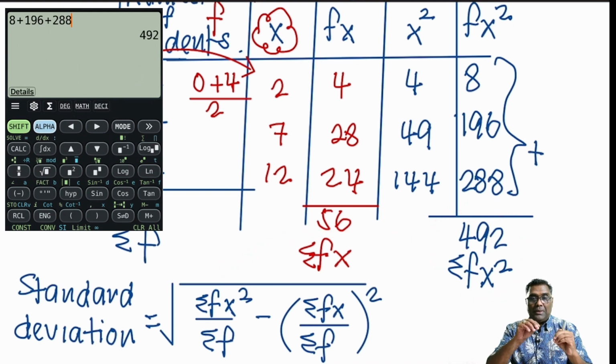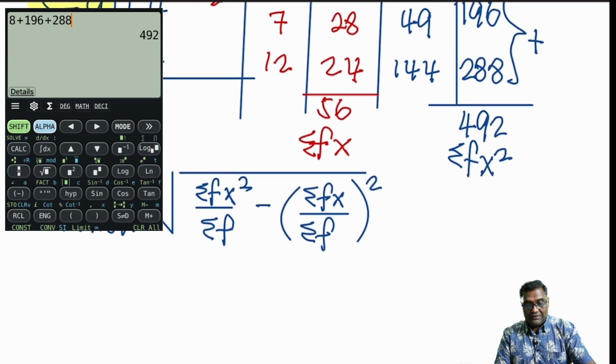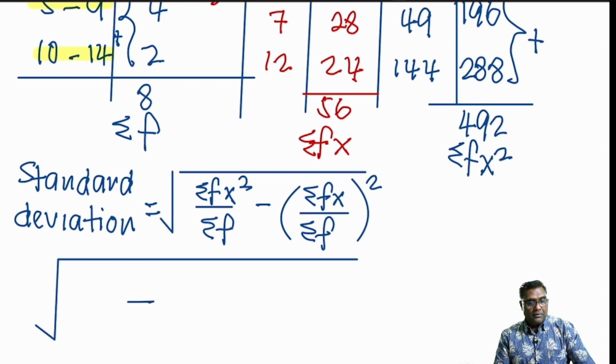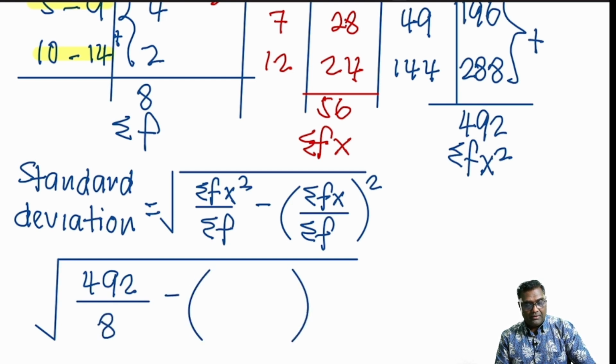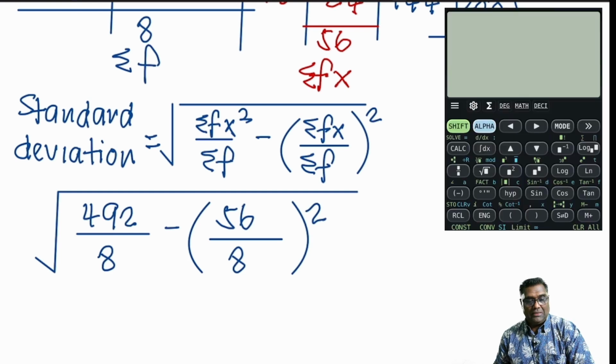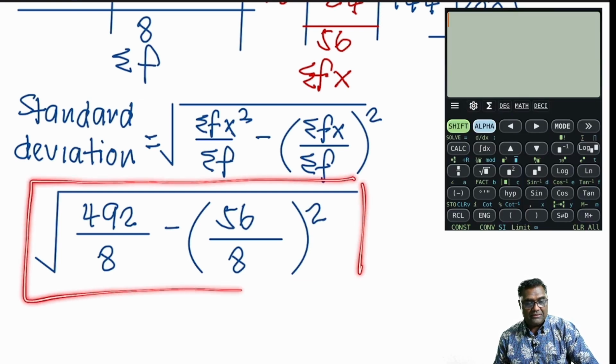So after that is to plug in the info that we have done here, and we are going to fill it up. Okay, so let's start. Sum of fx squared 492 divide 8, in bracket 56 over 8, squared. Okay, now we come to the calculator. We are going to key in all this.